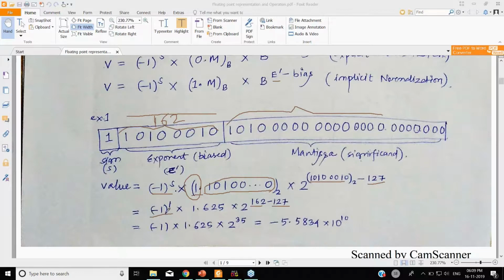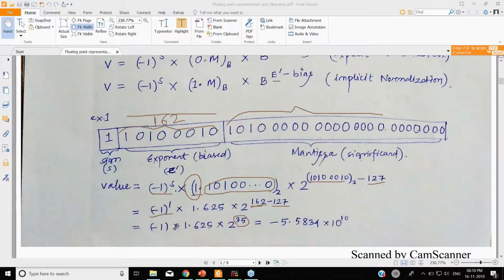So the value is negative 1 to the power 1, negative 1 into 1.625, into 2 to the power of the exponent value, that is 162 minus 127, the bias, and the value is 35.